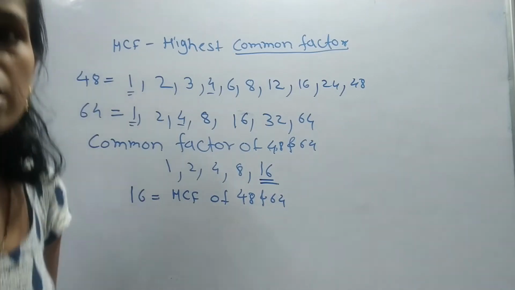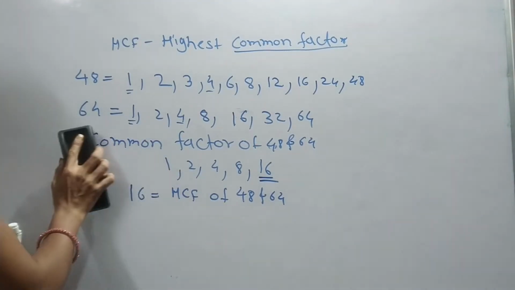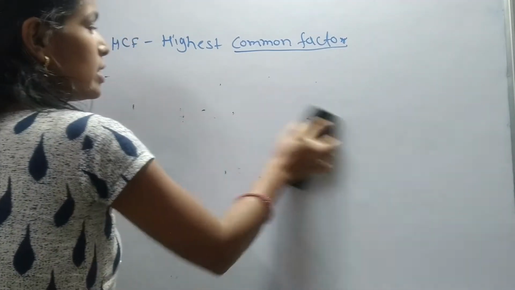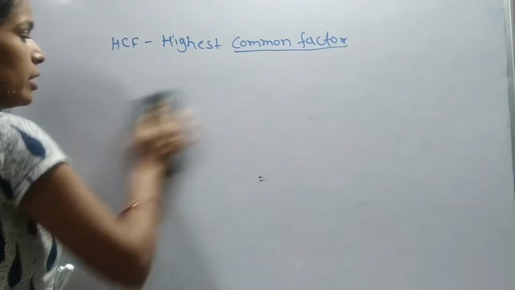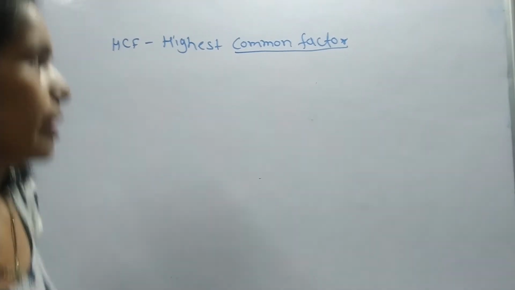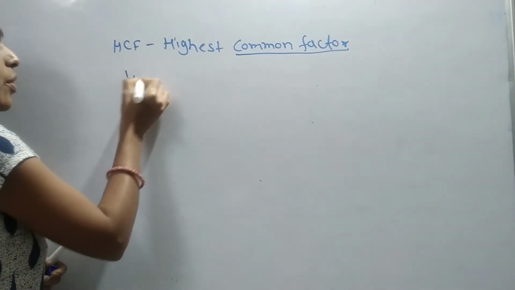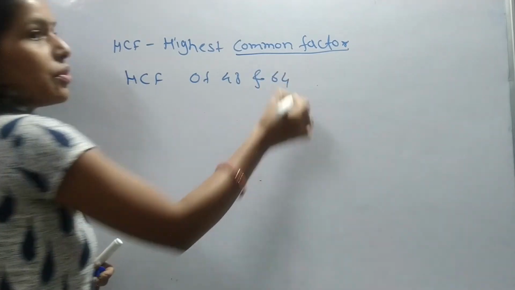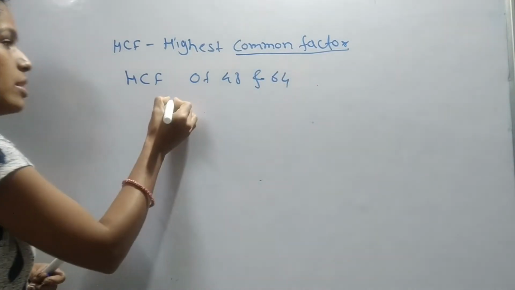Let's solve the same example by using a different method. That is the proper method of finding the HCF. What is the proper method of finding the HCF? It is the prime factorization method. Let's find the HCF of 48 and 64.